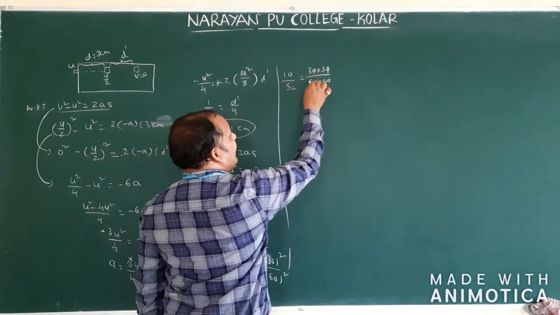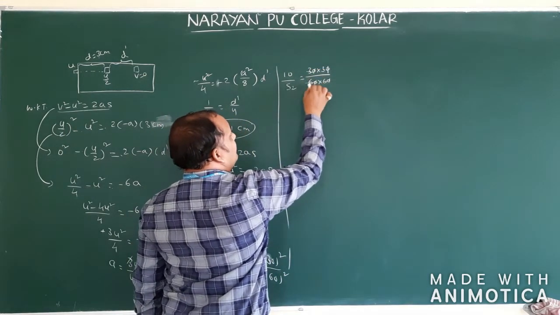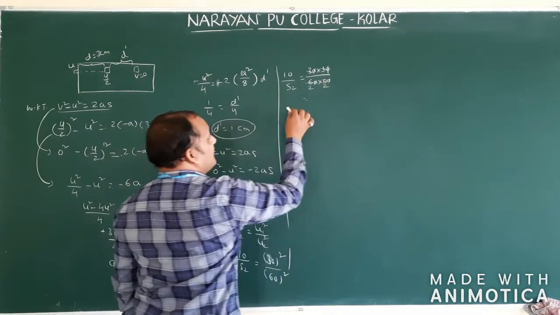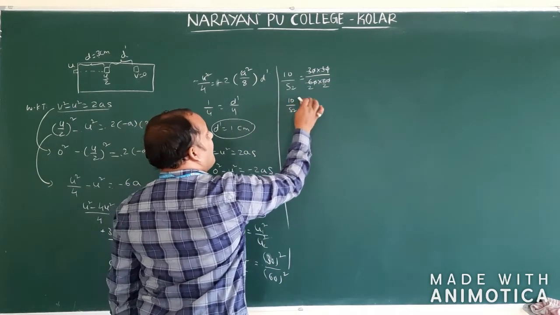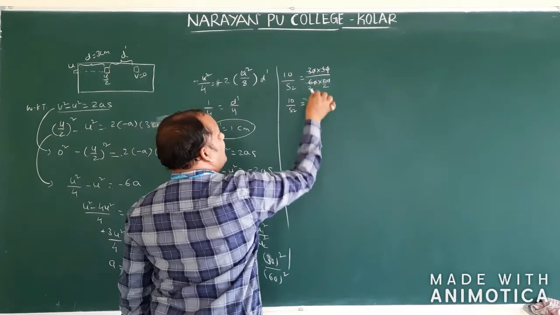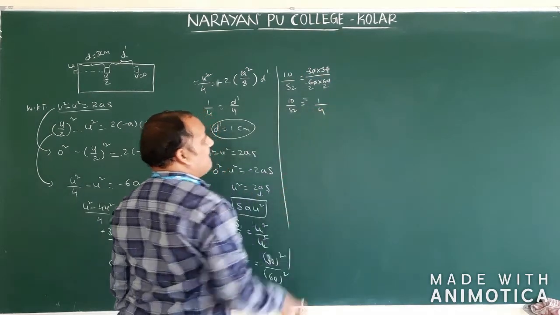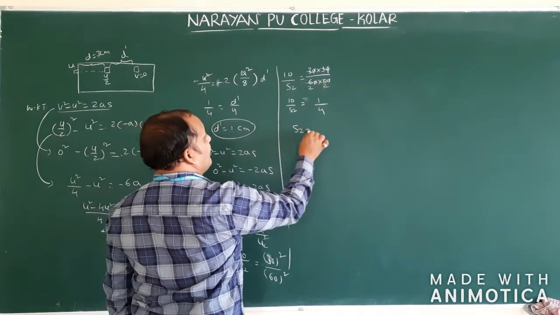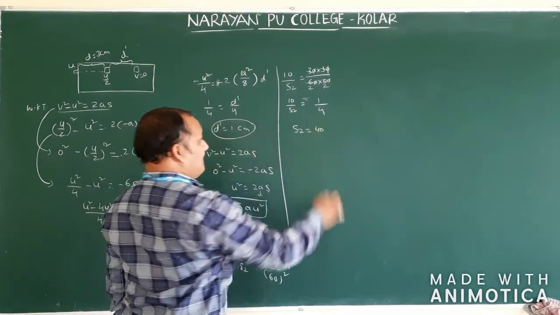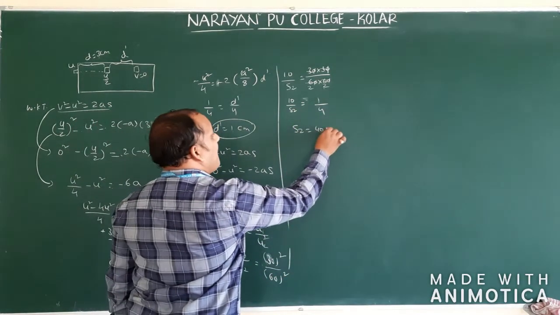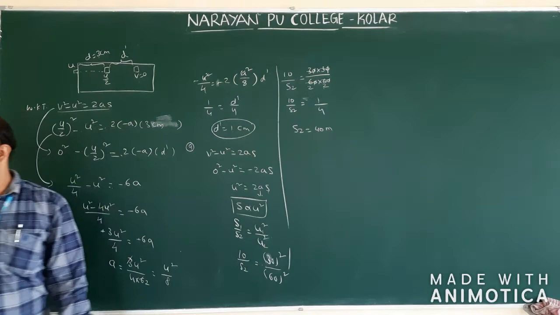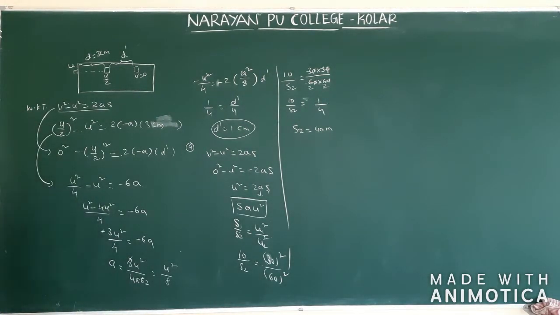So this 3 will be cancelled in 6. 2 times, 2 times. So 10 by S2 equal to 1 by 2 into 2, 4. Therefore S2 equal to 10 into 4. So 40, what is the unit? 40 meters. So third option is correct.